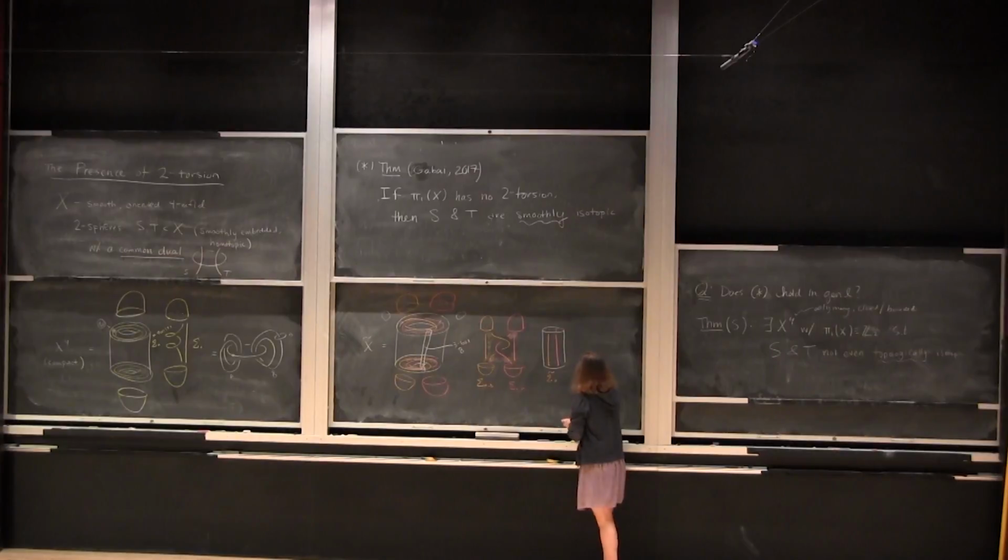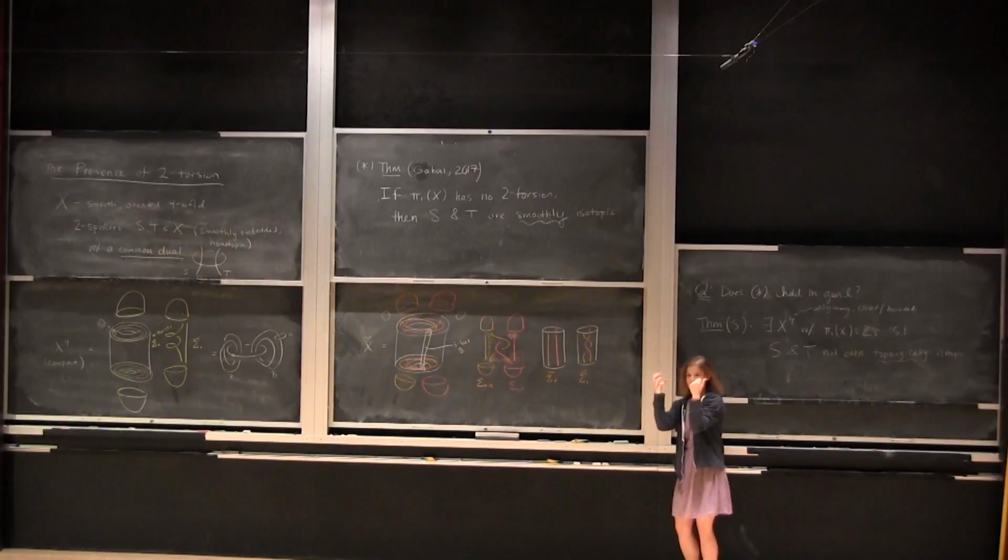But if instead I look at the lift of sigma 2, then in the 3-ball I see a tangle where there's just one full twist as it goes down. So this is really how these two things differ from one another.